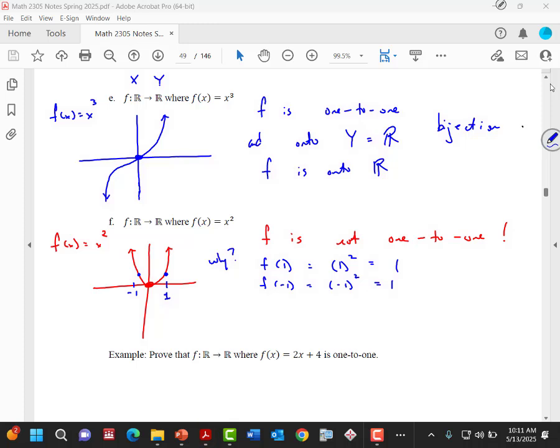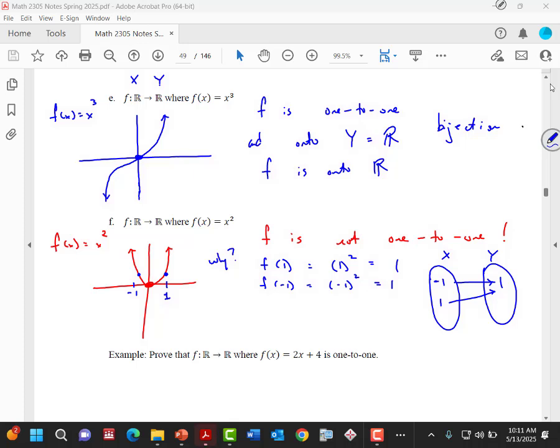So in the form of a mapping of x and y, and these are not the only elements in the domain and codomain, -1 maps to 1, and 1 also maps to 1.